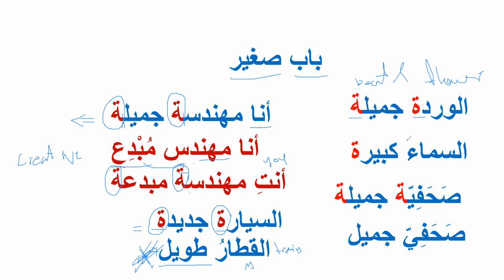السماء كبيرة. Here we put تاء مربوطة, and this is correct because السماء is a feminine word. So a word that doesn't have تاء مربوطة is not necessarily masculine only. It could be masculine or feminine, but if it has تاء مربوطة, it is 99% feminine, but not vice versa.